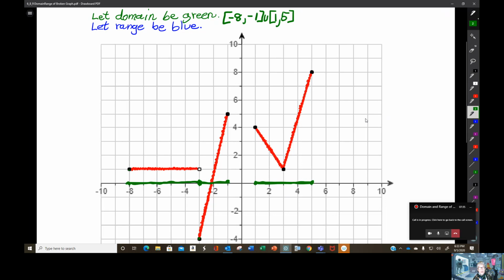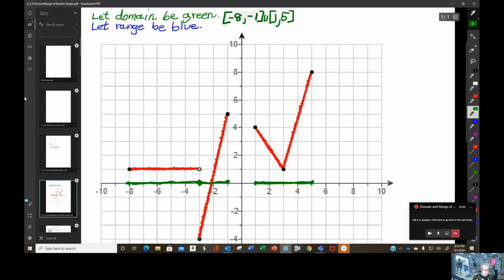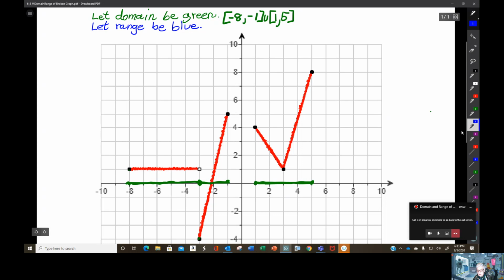Now we're going to do the same thing, the same idea with the range, but let me save. Okay. So we switch to blue and notice that all of the points on this left part of the graph, all of them line up with 1 on the y-axis.